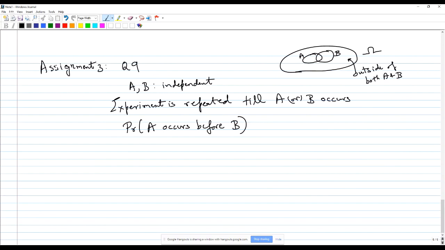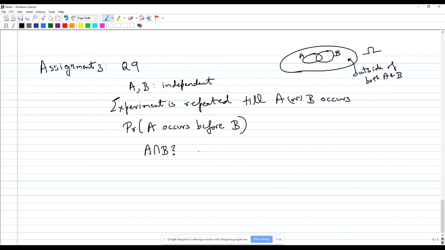Now, there is one ambiguity here, which perhaps is not very clearly pointed out in the question. What happens if A intersection B occurs first? Think about that. The first time that you did the experiment, if an outcome in A intersect B happened, which means both A and B occurred for the first time simultaneously, we have to tell you what is the meaning of that.